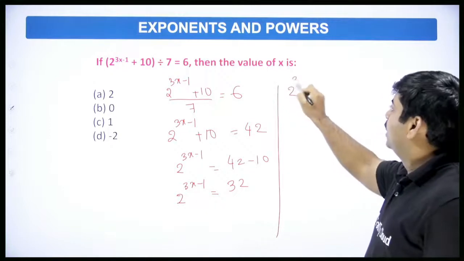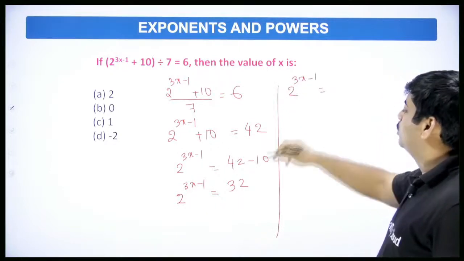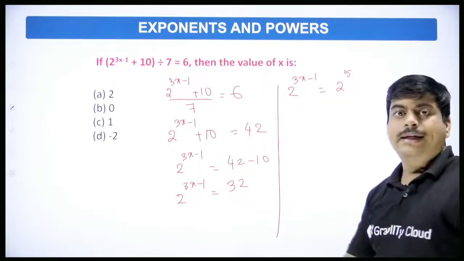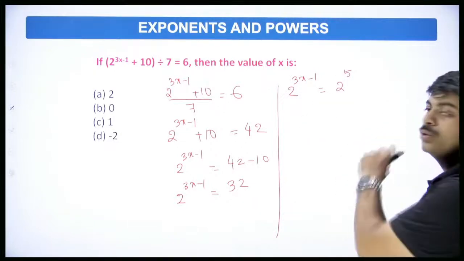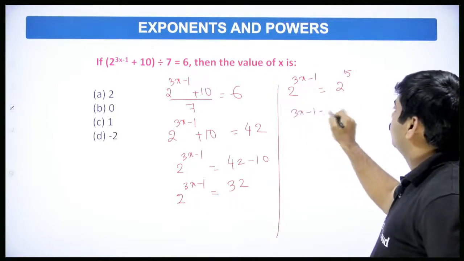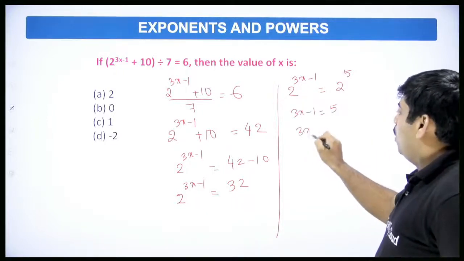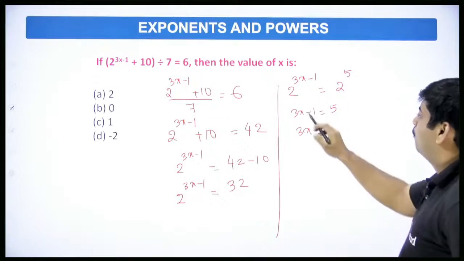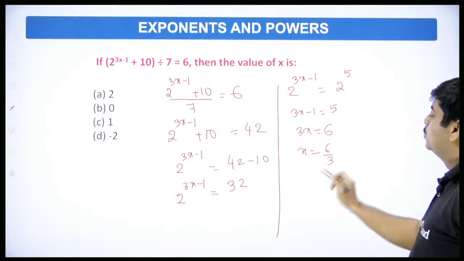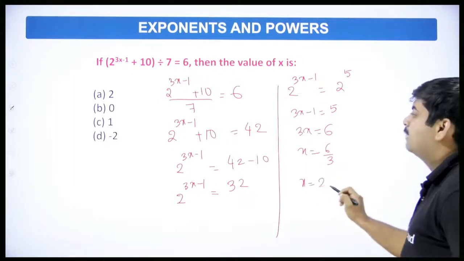So 2 power 3x minus 1 is equal to 2 power 5. Can we equate these two? So 3x minus 1 is equal to 5. 3x is equal to 5 plus 1, which is 6. So x is equal to 6 by 3, which is 2. X is equal to 2.